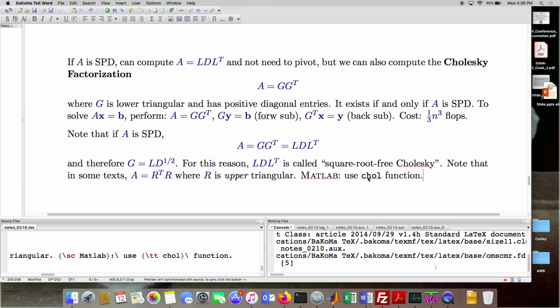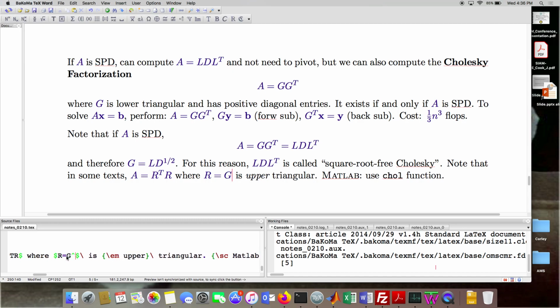MATLAB has a function called chol, C-H-O-L, that computes the Cholesky factorization, and it returns R, which corresponds to G transpose.